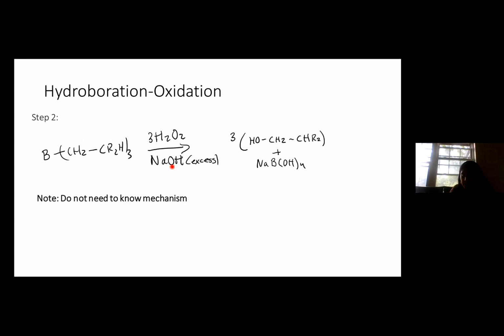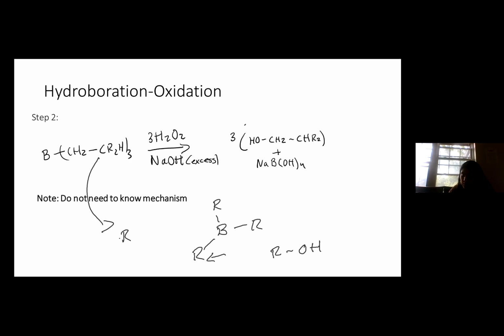Essentially, what's going to happen is, let me just draw this. I'm just going to denote the substituents as R's. So B looks like this right now. It has 3 different things attached to it. So essentially what's going to happen is that each R is going to become attached to an OH like this.